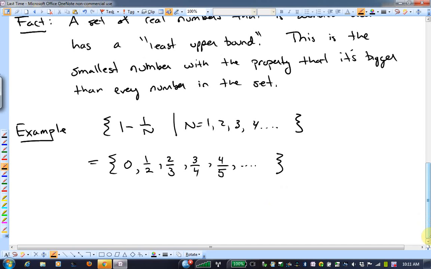Okay, so obviously this set is bounded above. And the reason is, well, everything in here is going to be less than 10, for example.